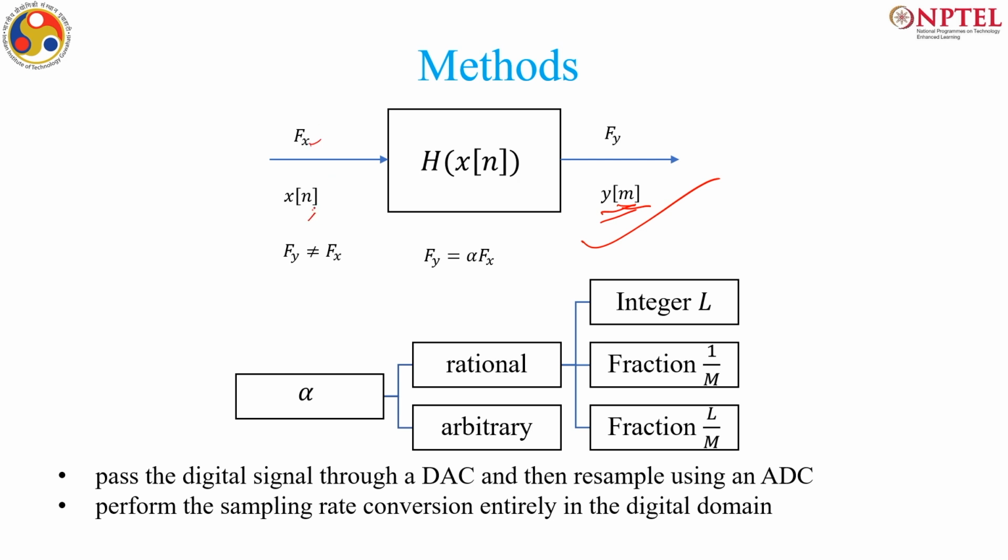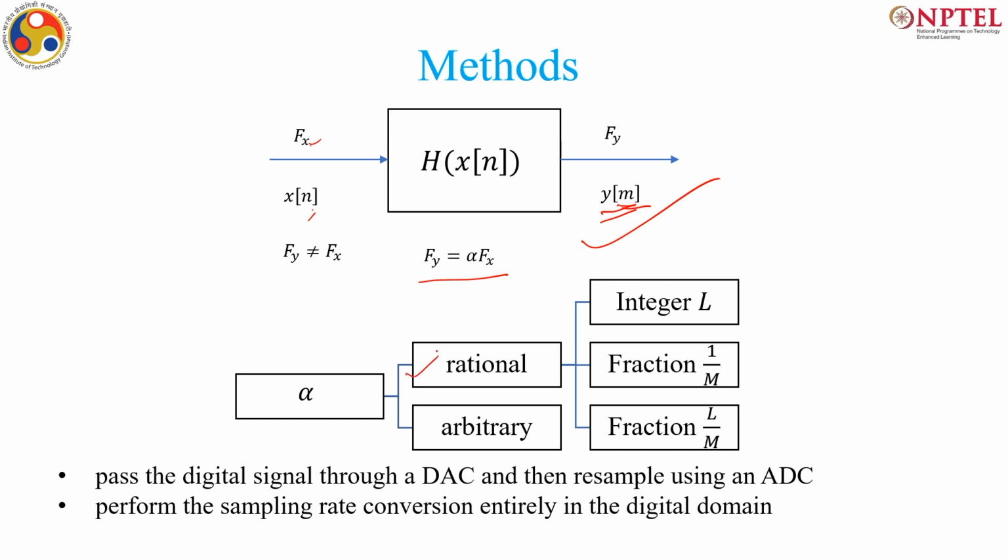But for simplicity you can also use n, it does not really matter. We can represent my output frequency f of y as some scalar value alpha times my f of x. And now, what is my alpha?